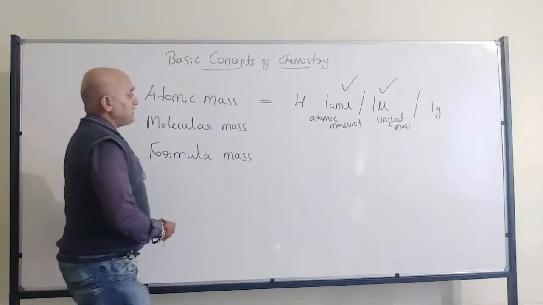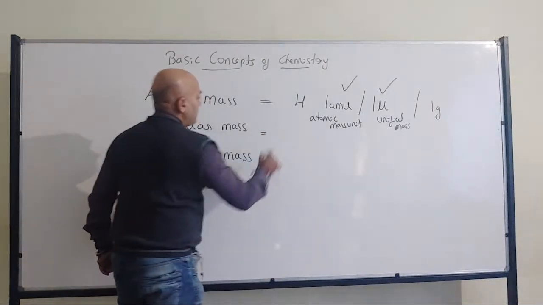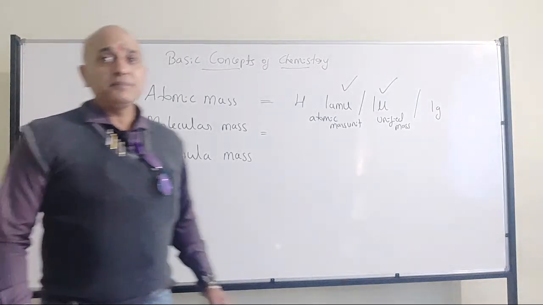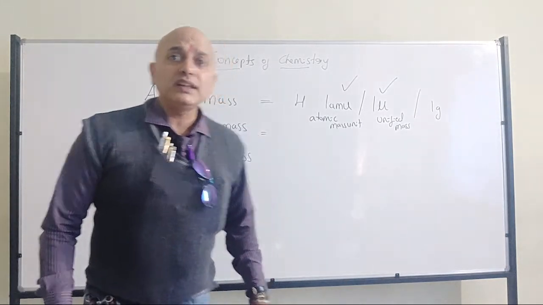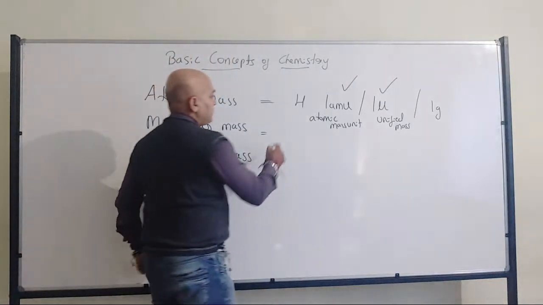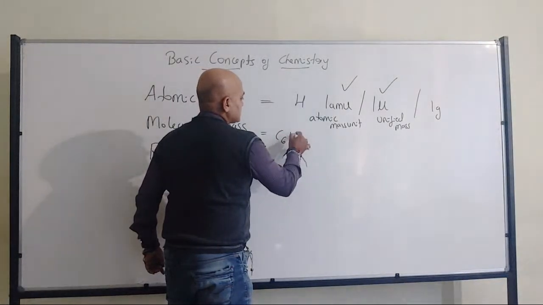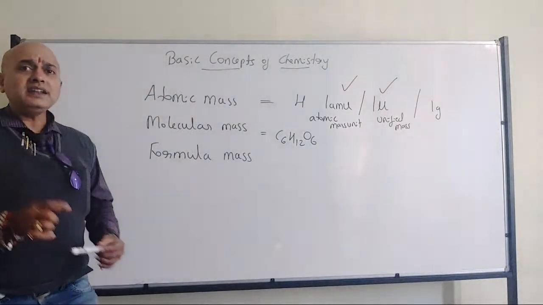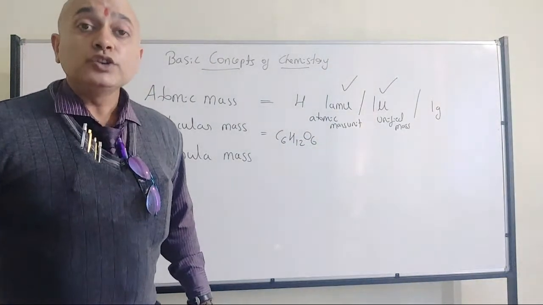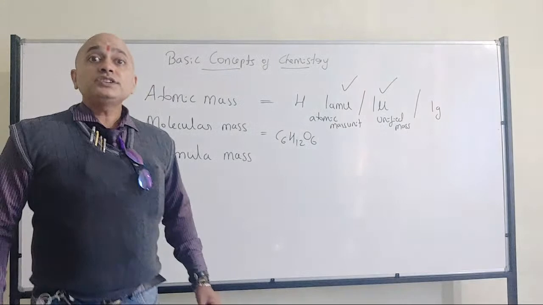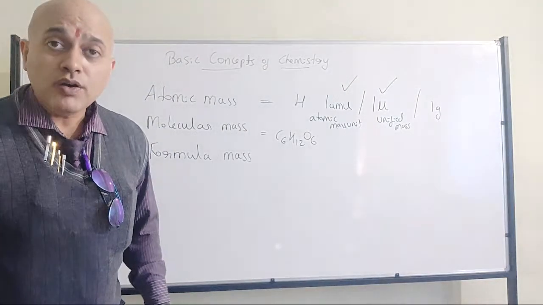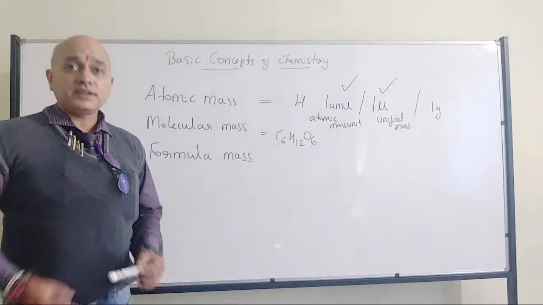Same logic is applicable. I have a molecule, molecular mass I want to identify. And how to find the molecular mass? See, for example, I can take the help of glucose, C6H12O6. To find the molecular mass, you should know which elements are present, and you should know in what ratio they are present.